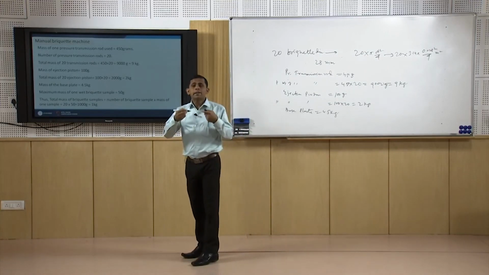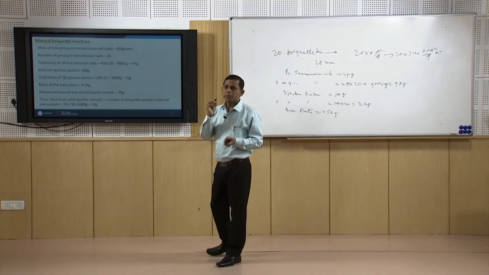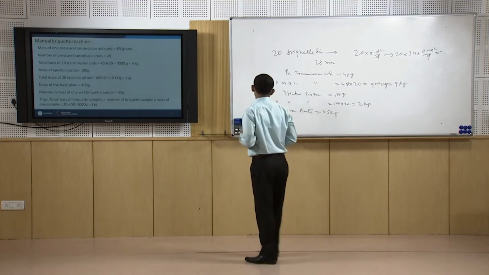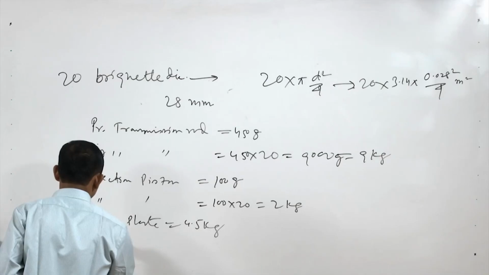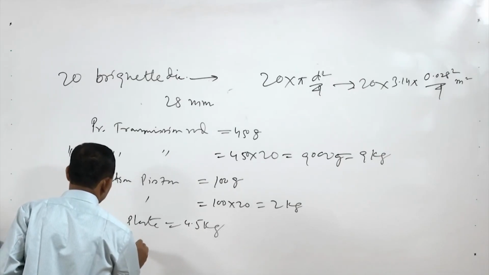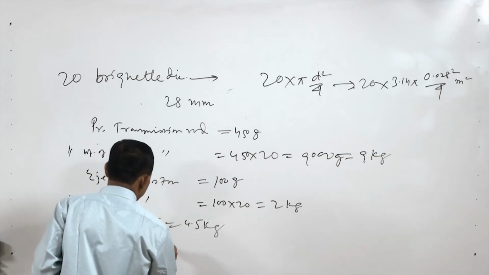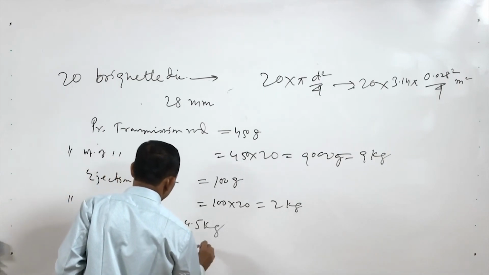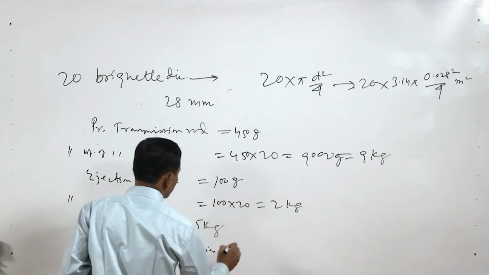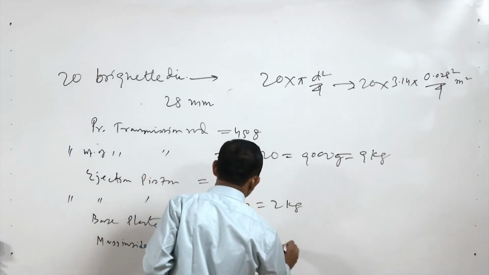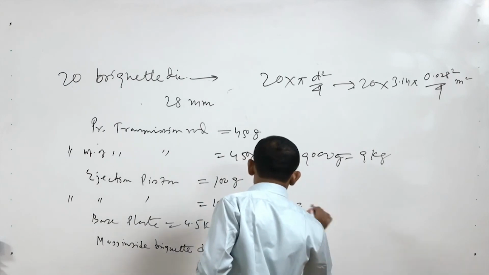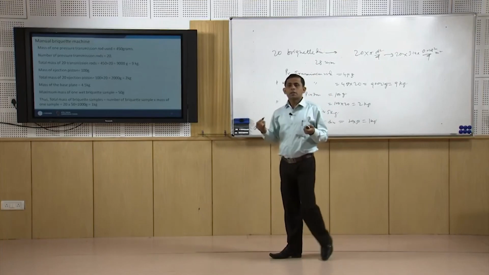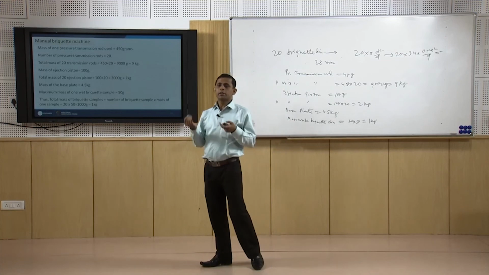Now in each briquette die, 50 gram of material we can put. So the mass inside the briquette dies is equal to 20 into 50, that is equal to 1 kg. So how much weight does the hydraulic jack need to lift now?